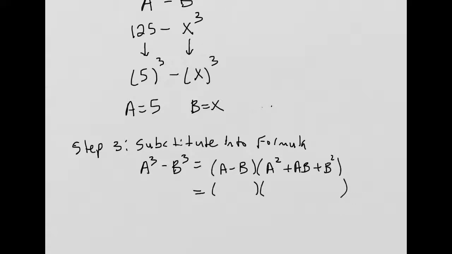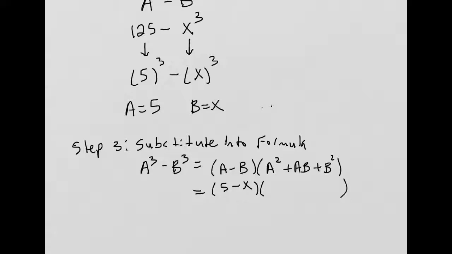Now what I'm going to do is replace a and b with my terms. Every time I see an a in the formula, I'm going to replace it with my a, which is 5. Every time I see a b in the formula, I'm going to replace it with my b, which is x. So here we go. In the first group, it's big A minus big B, so for me that's going to be 5 minus x.